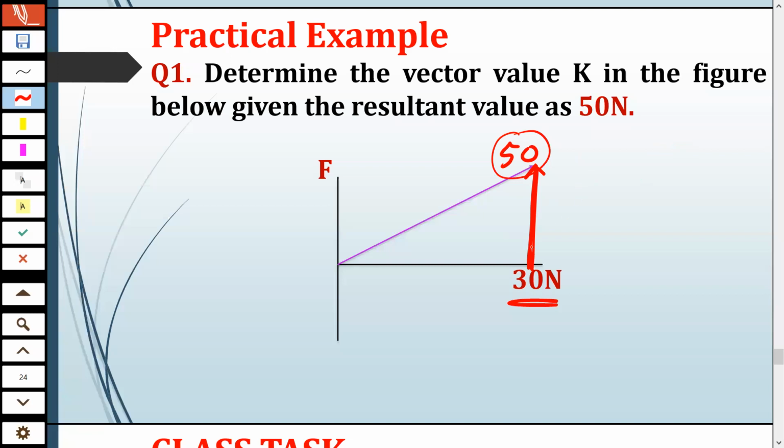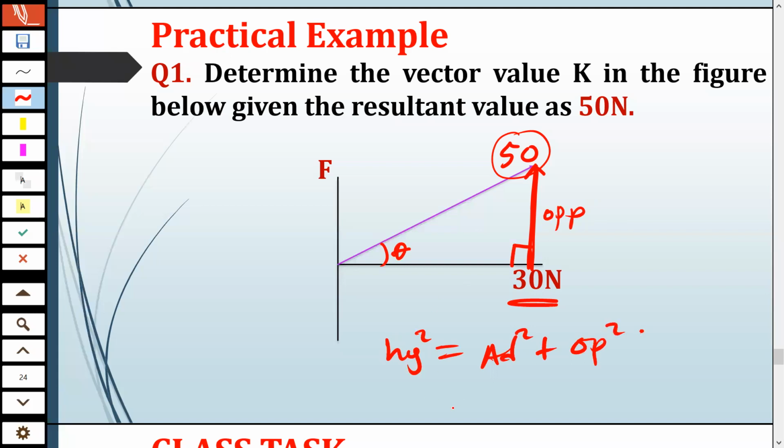So we have the 90 degrees there. The Pythagoras theorem states that, if we're taking this as our angle theta, this one is going to be the opposite. So the hypotenuse squared is equal to the adjacent squared plus the opposite squared.